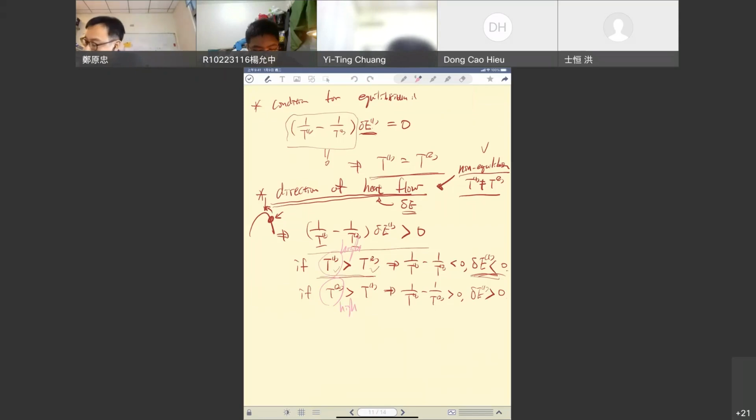In this case, delta E1 is greater than 0, meaning energy is coming into system 1. So in either case, the energy goes from the high temperature body to the low temperature body.